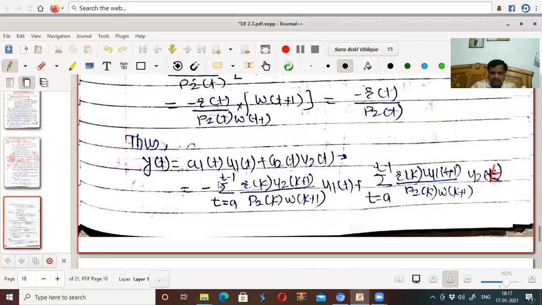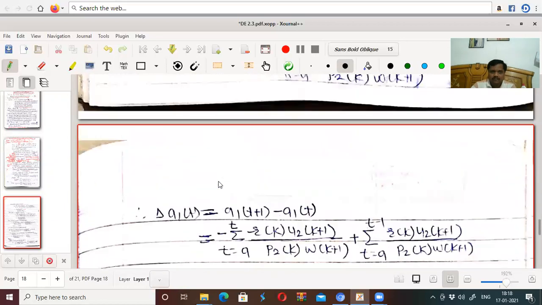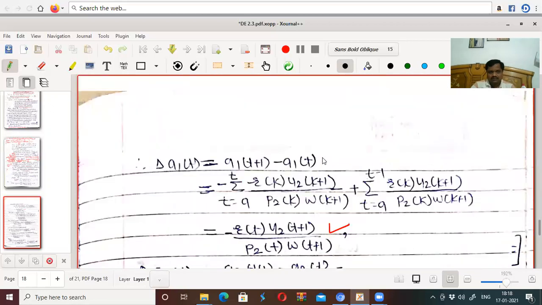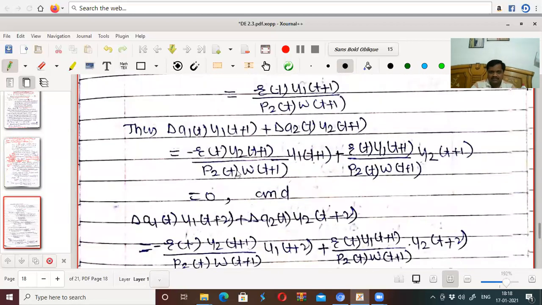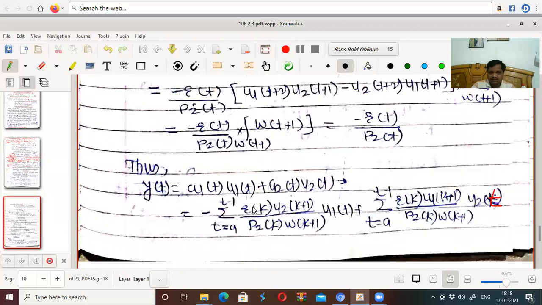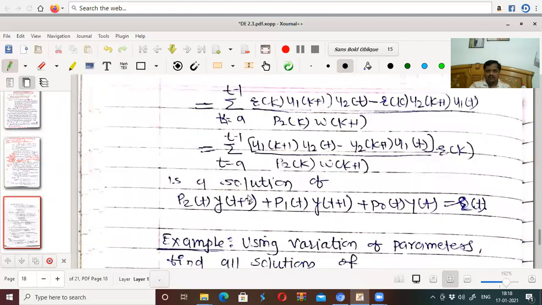What we want to show, this we want to show. We need to show this one because the denominator is the same for both, right? This p2k w of k plus 1, p2k w of k plus 1, only this is in plus sign and this is in minus sign. Okay, so yt is the solution of that equation.